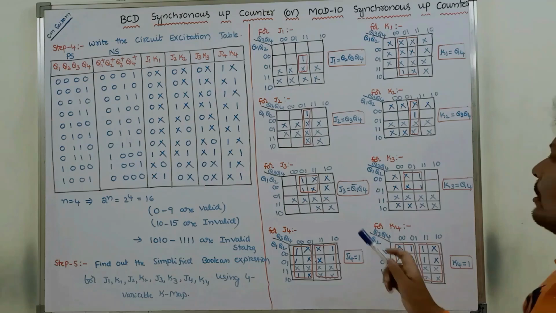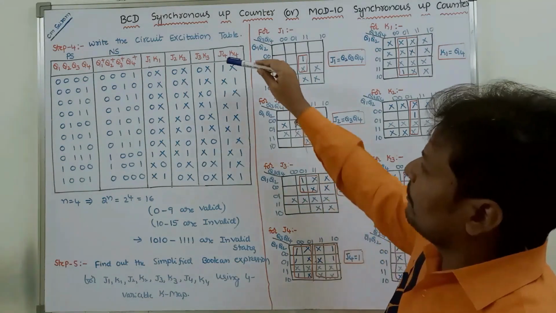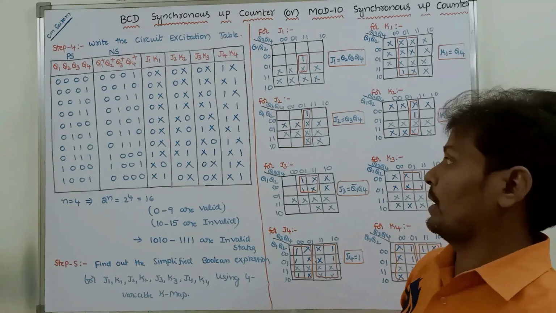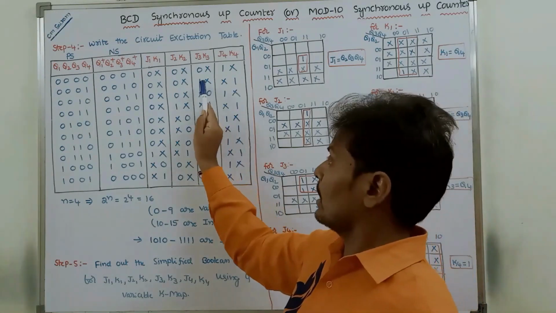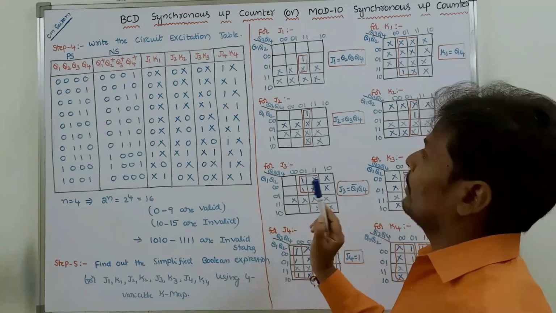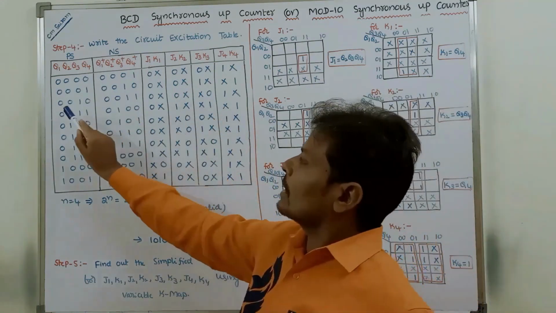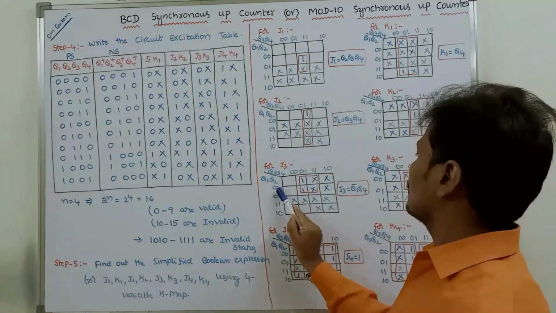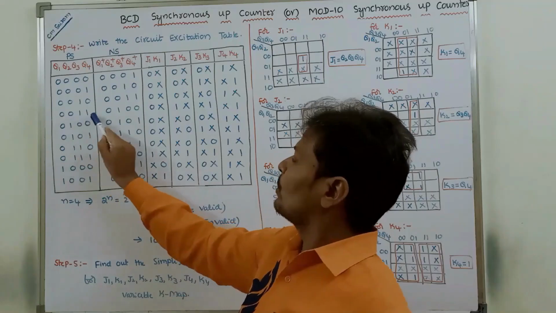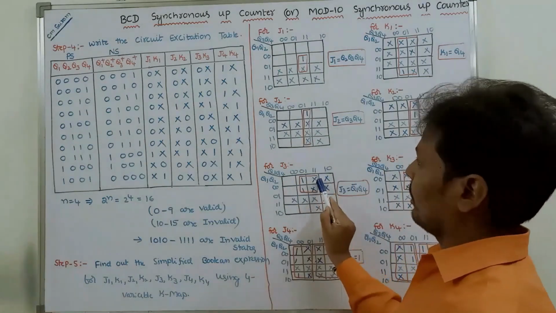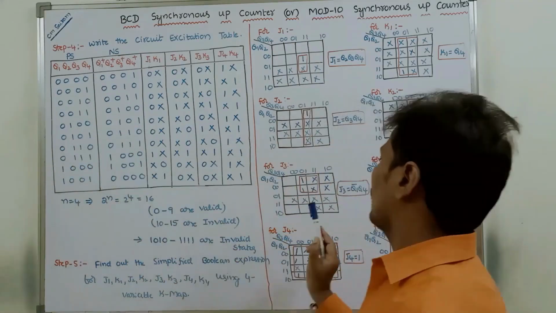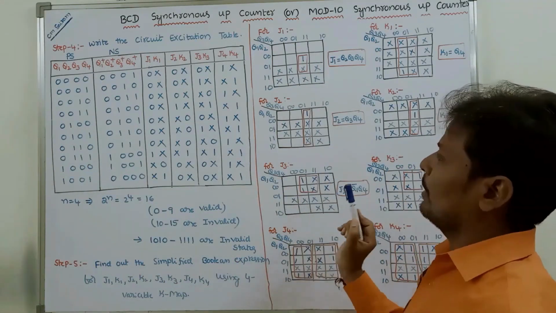Okay, next. For J3, identify the J3 column and observe only ones and don't cares. Here 1 is there, the corresponding input combination is 0, 0, 0, 1. Next, here don't care is there, the corresponding input combination is 0, 0, 1, 0. Here don't care is there, the corresponding input combination is 0, 0, 1, 1. Next, here 1 is there, the corresponding input combination is 0, 1, 0, 1.